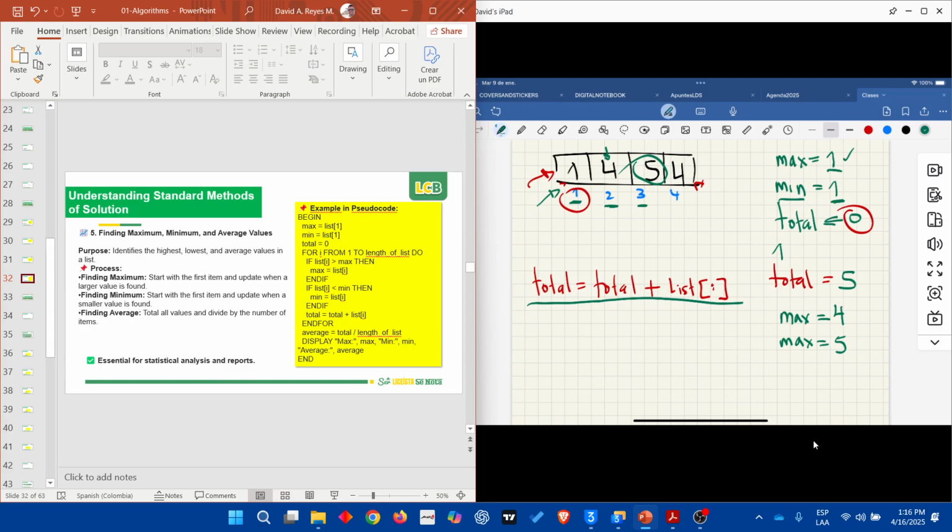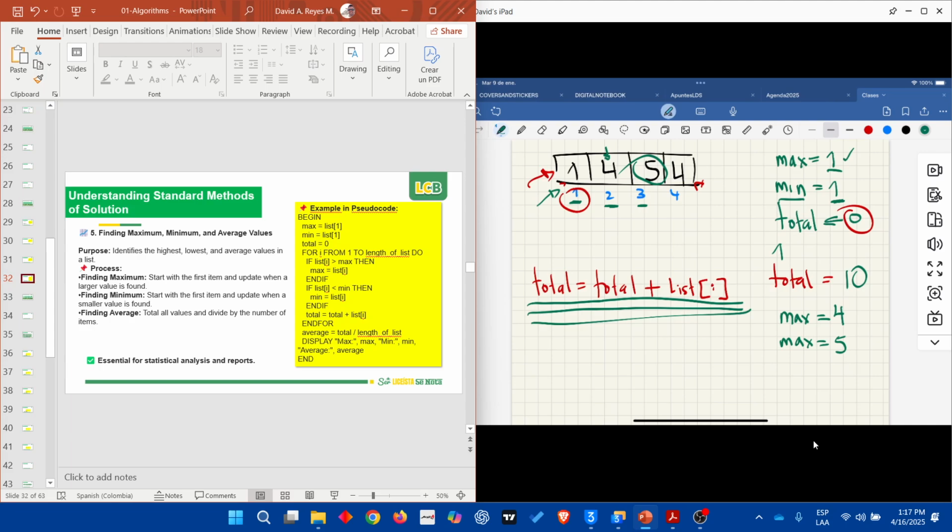Because the algorithm is asking if the value at this moment in the list is less than the value that we have in the variable min. And that variable's value is 1. So 5 is not less than 1. So nothing happens. Now, total is going to be equal to 10. Why? Because the previous value was 5. 5 plus 5, remember that we are executing this line now, is 10.